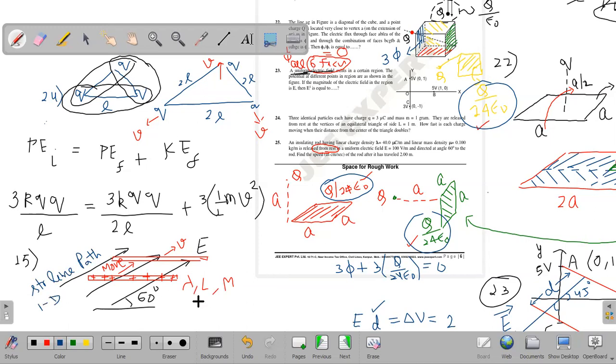The velocity can be obtained by the third equation, v squared equals u squared plus 2as. Here u squared is 0 because it starts from rest. For acceleration, take the force QE over the mass, and then the displacement is given. Just calculate, and you'll get your answer.